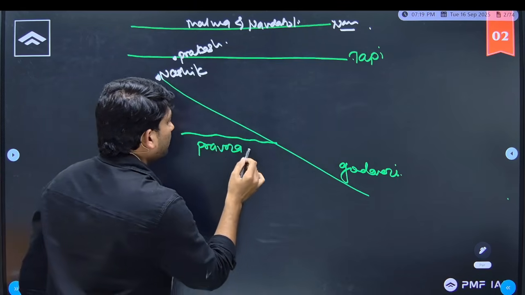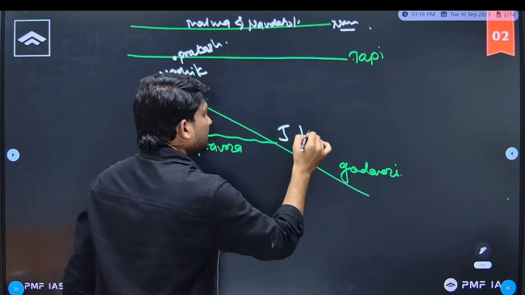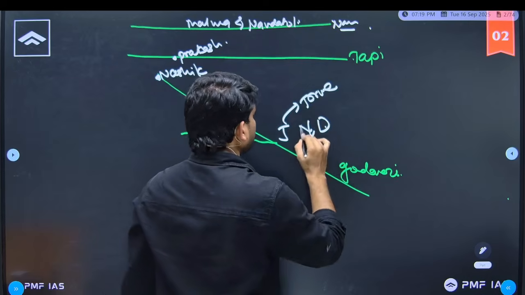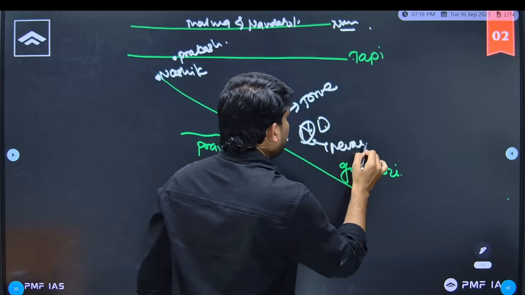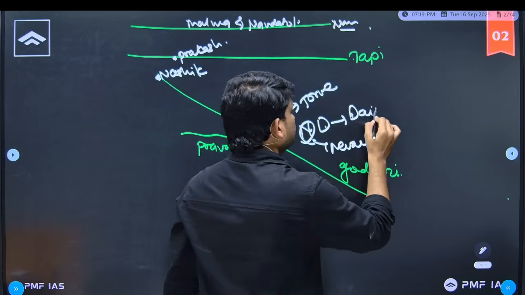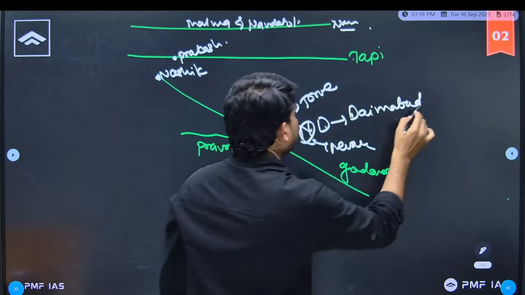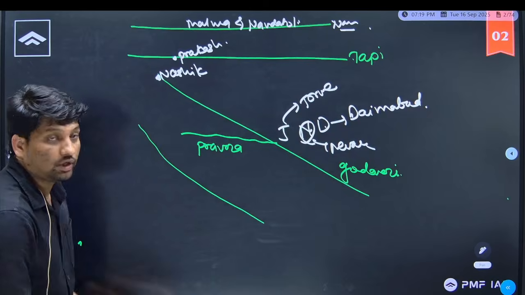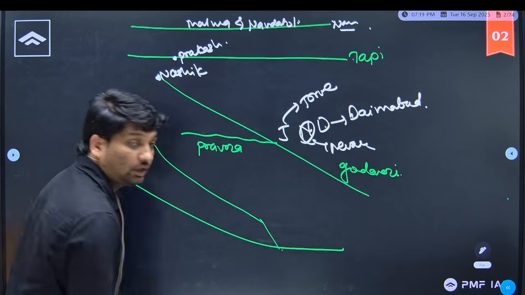And on the Pravara, we have three important sites: Jorwe, Nevasa and Daimabad. Then we have this Bhima river in Pune district. It is a tributary of Krishna river.